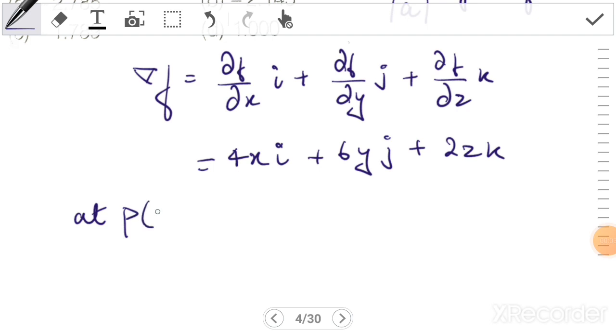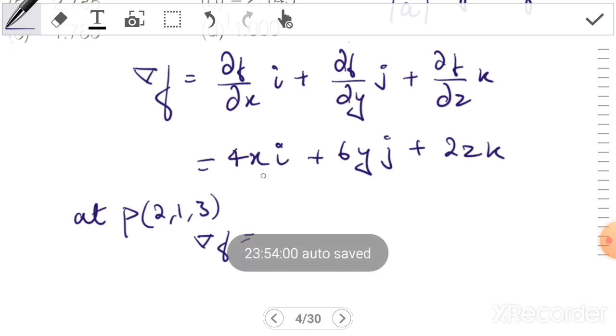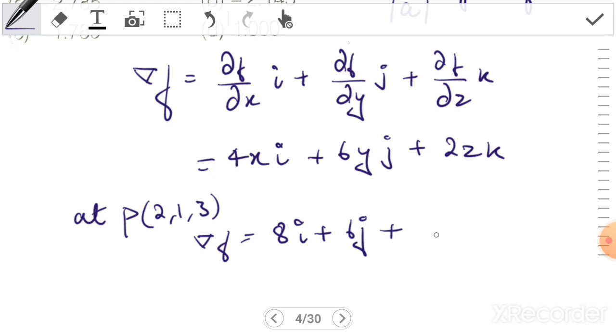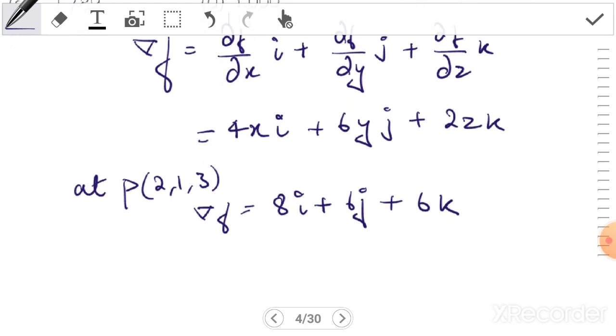At P, del f is equal to, by putting values of x, y and z respectively, we have 8i plus 6j plus 6k, right?